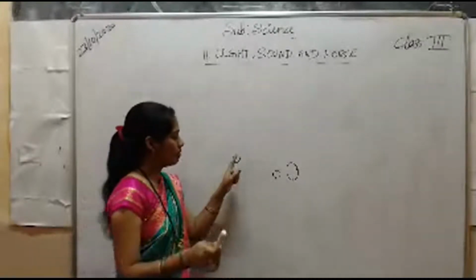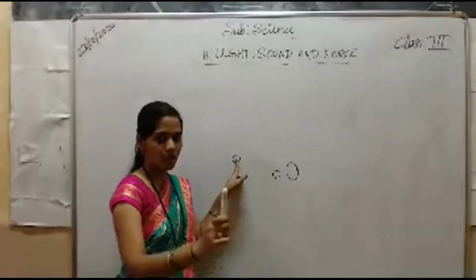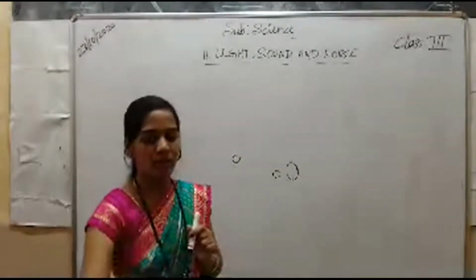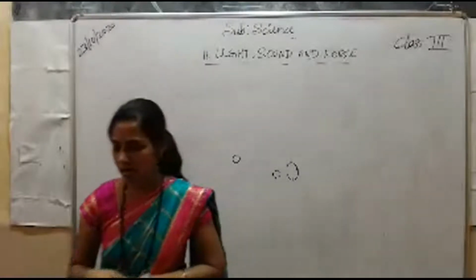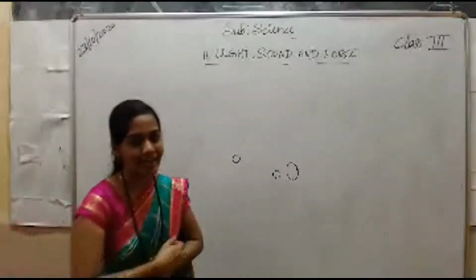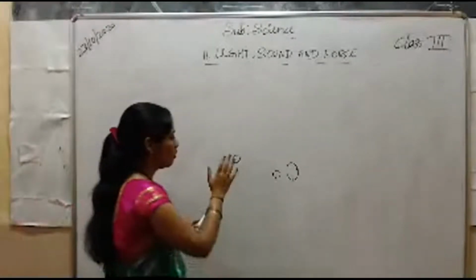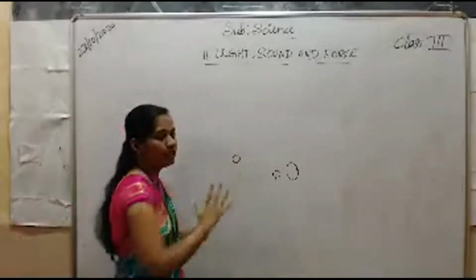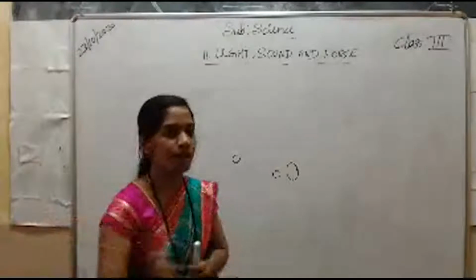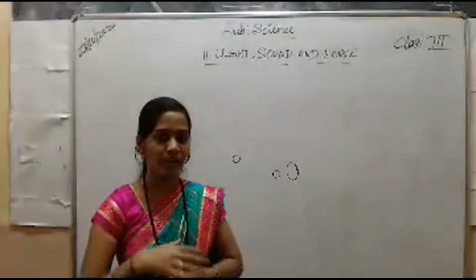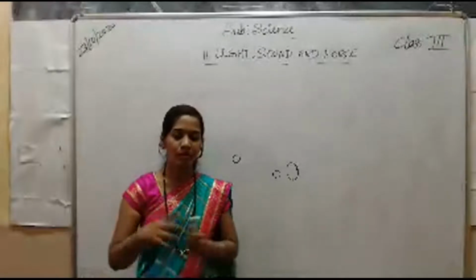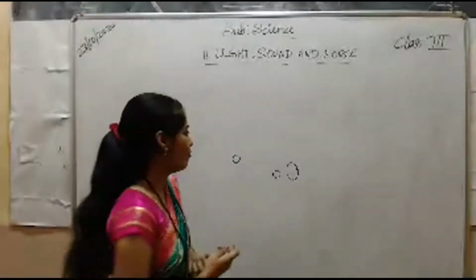So the distance between the bulb and the object decides whether the shadow will be small or big. Also, how much light is blocked matters. If you block more light, the shadow will be bigger. If you block less light, the shadow will be different. Like this, shadow sizes are different, students.